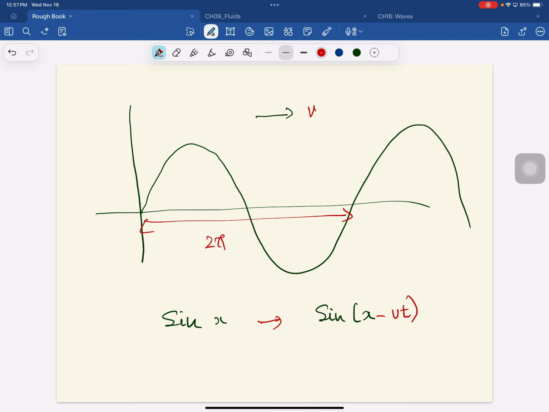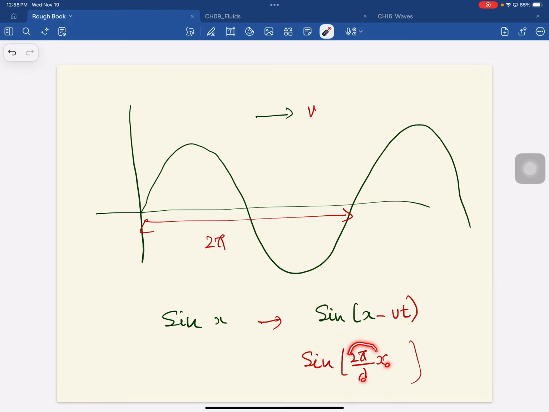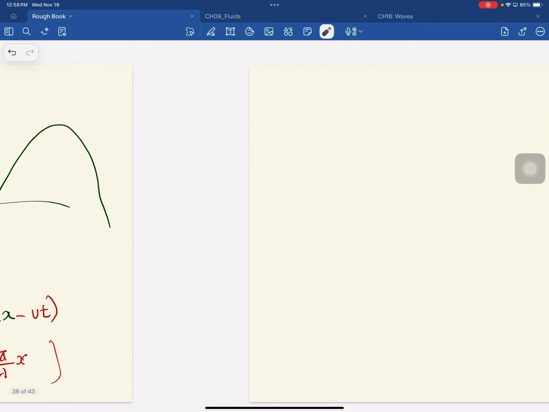What if I want to make a different wavelength? What if I want this wavelength to be lambda? So all I do is change that function to sine 2 pi by lambda times x. Now this sine function, when x is equal to lambda, will be 2 pi, and so this function has a wavelength of lambda.